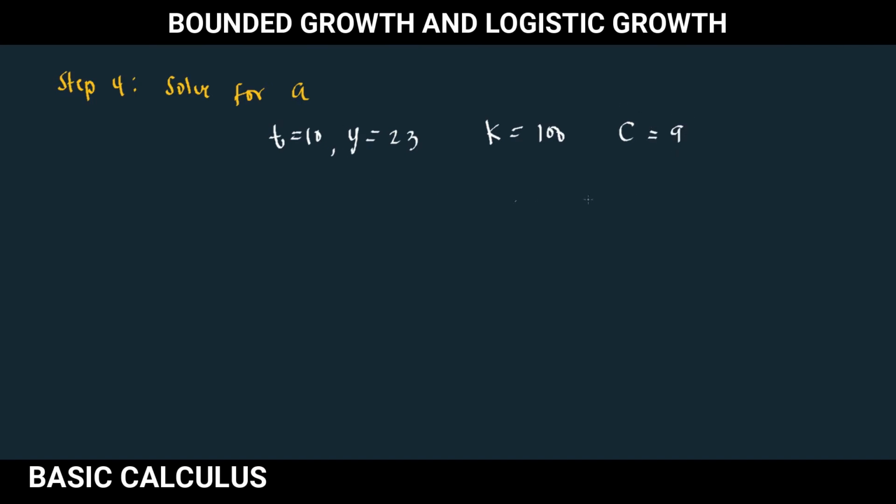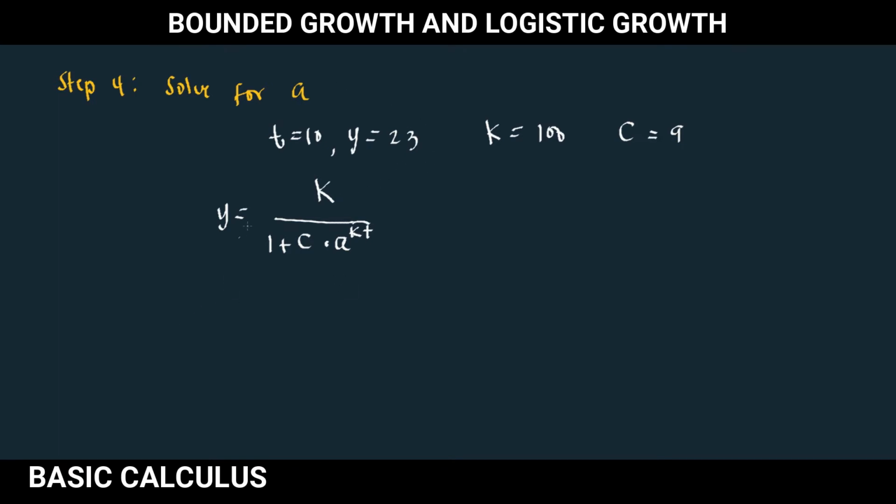So plug in these values into the general solution of the logistic growth equation. We have Y is equal to K over 1 plus C times A raised to K times T. So we just simply plug in the values.